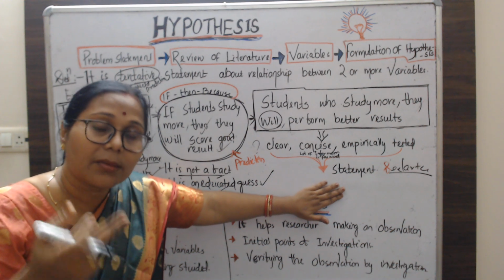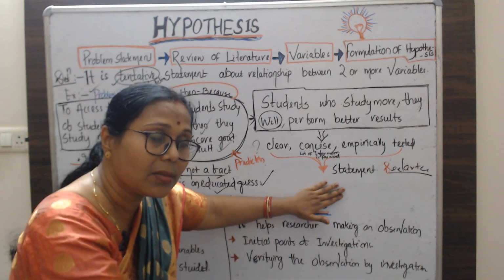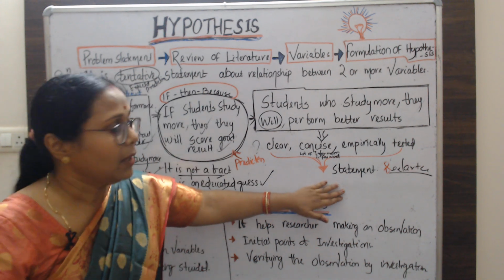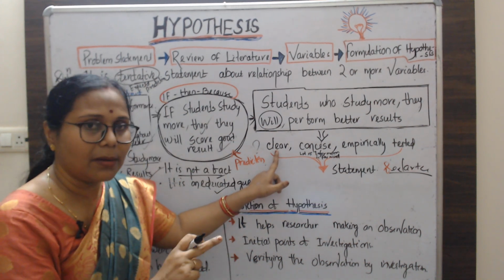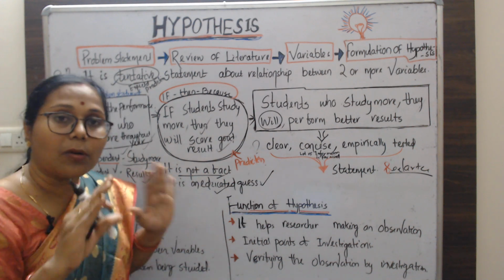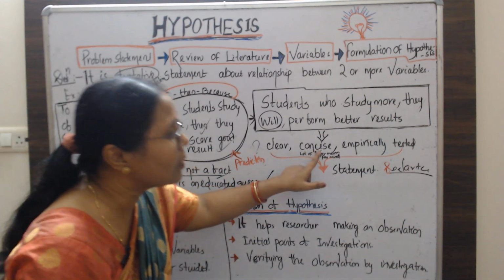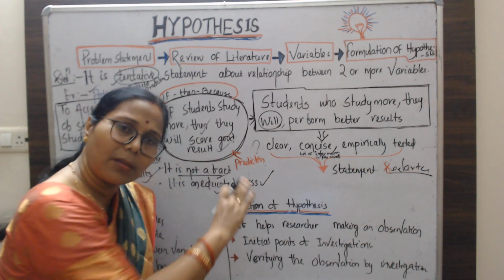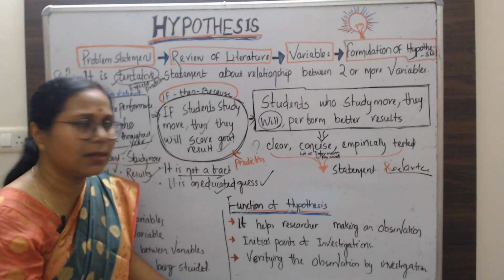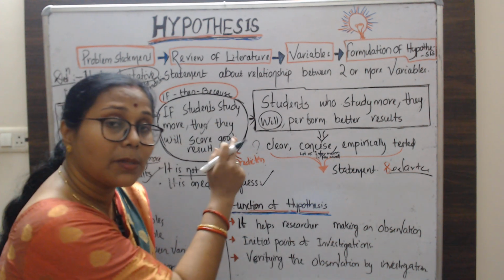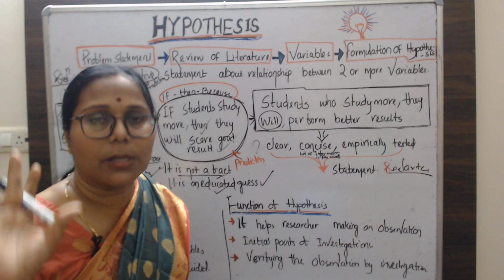What the researcher is thinking will be written in a statement form. It is a clear, concise and empirically tested statement. Clear means it is easily understood. Second, concise: concise means a lot of information in a few words.